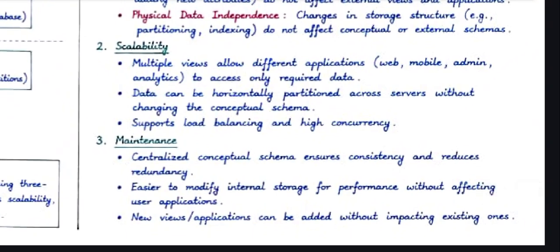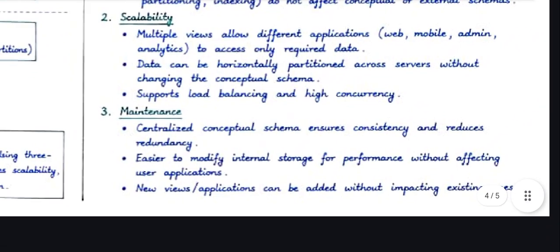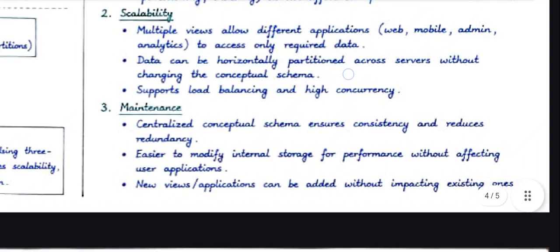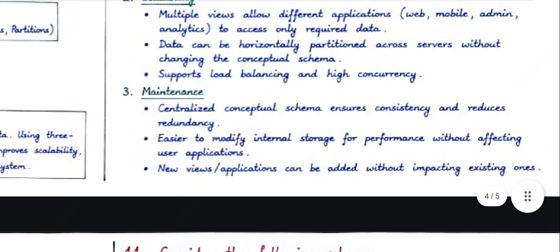Scalability: multiple views allow different applications, web, mobile, admin, analytics, to access only required data. Data can be horizontally partitioned across servers without changing the conceptual schema. Supports load balancing and high concurrency.